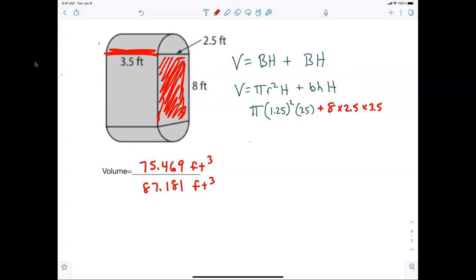Mm-hmm. So I want everybody now, take your calculator out now. Redo it. You got to be careful. Do we have to do pi? Oh, pi times. You guys forgot pi? I forgot it at first, but then you said pi. All right. So do we agree it's 87 then?